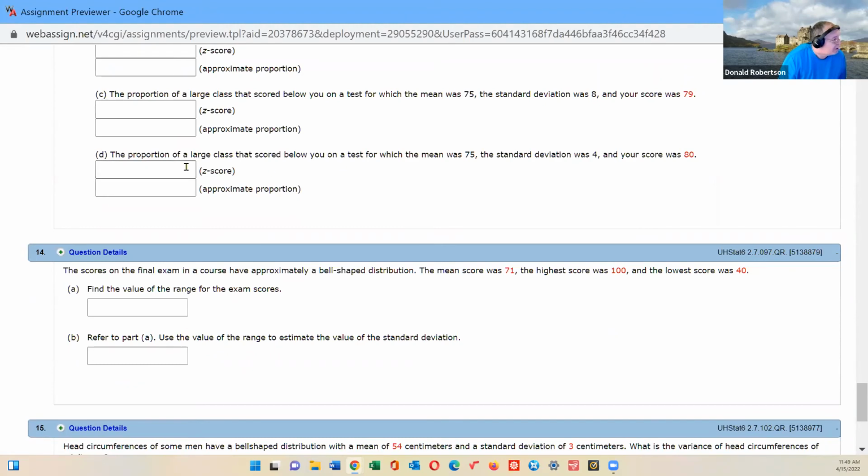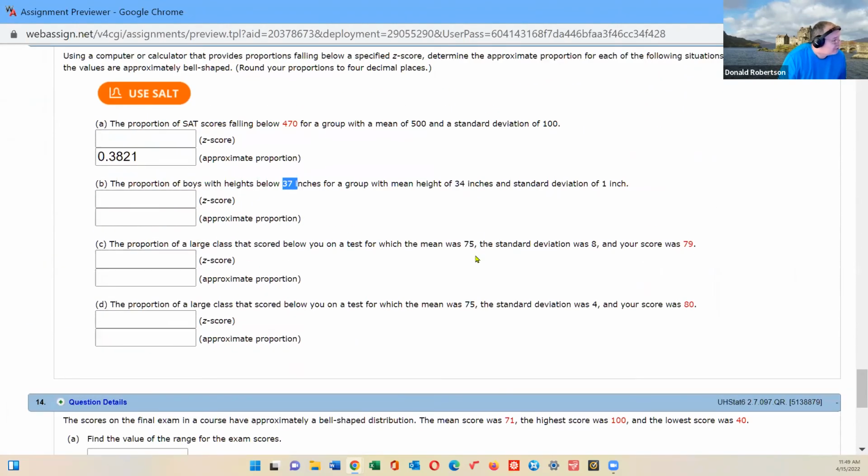Are you comfortable about how you can use this? There's the mean, there's the standard deviation, and this is the number you're going to see what it's less than. Are we good with that? Because we're running short of time, so hopefully you are.